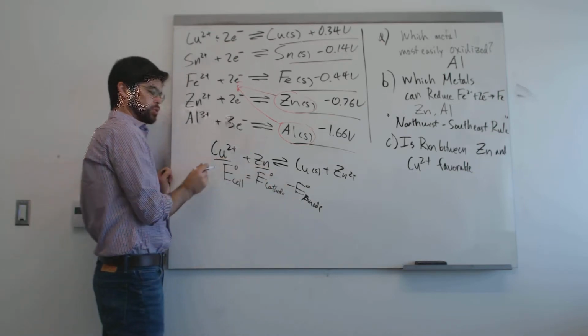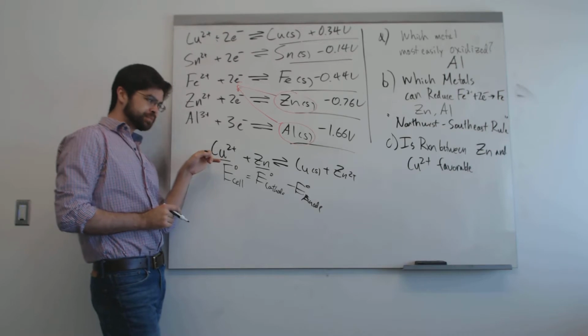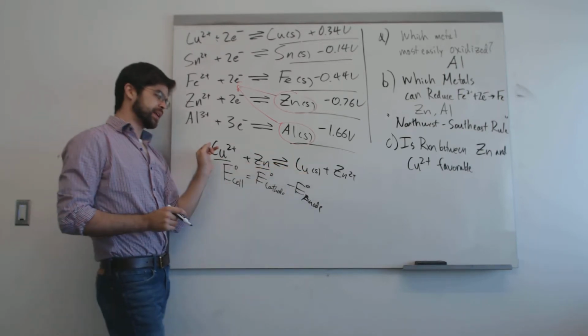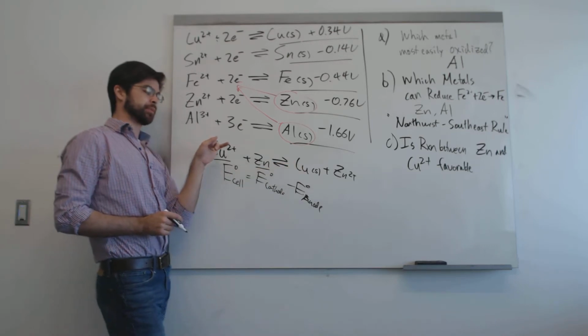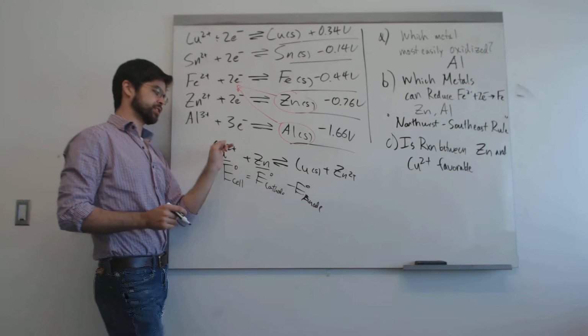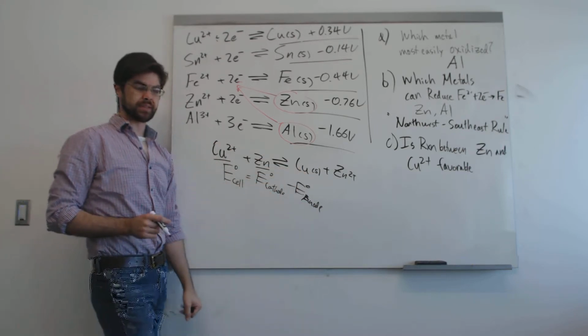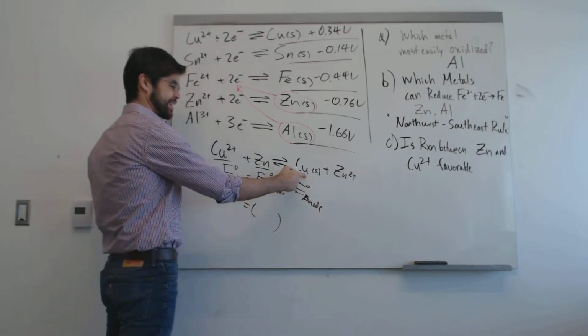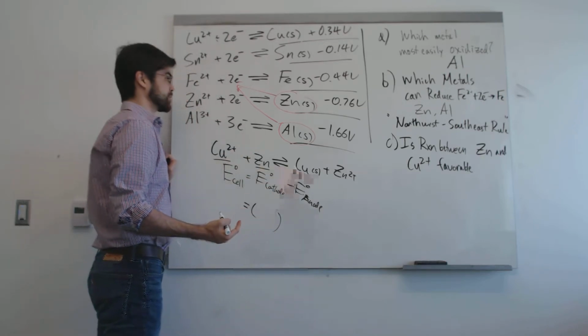As I've written this reaction, the cathode is going to be copper, because as this reaction is written, copper is being reduced from copper 2 plus to copper 0. If it's undergoing reduction, that means it should be the one that we identify as the cathode.